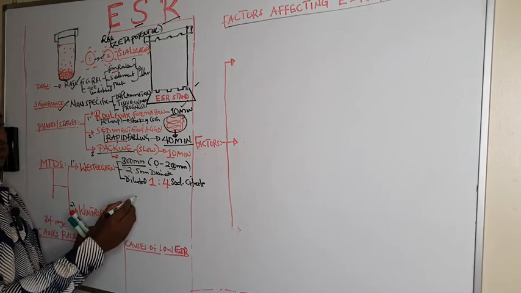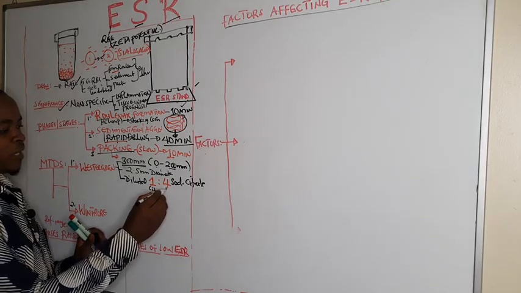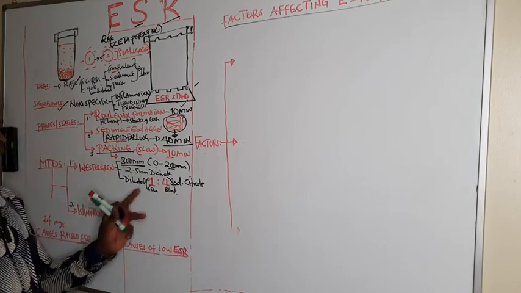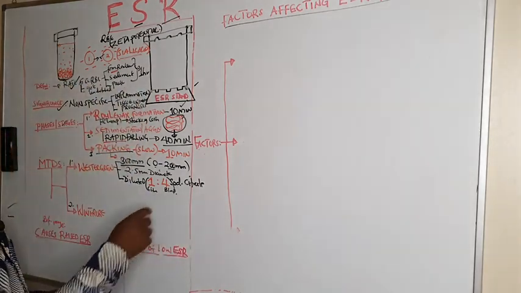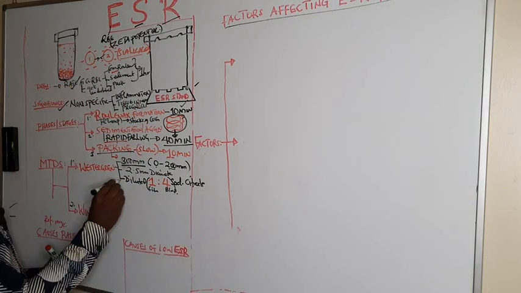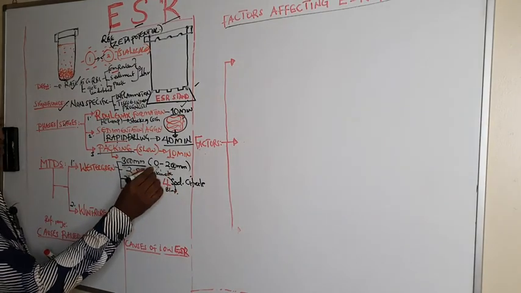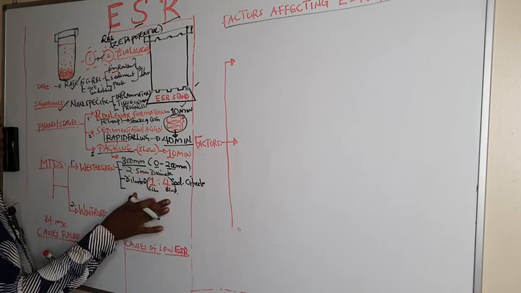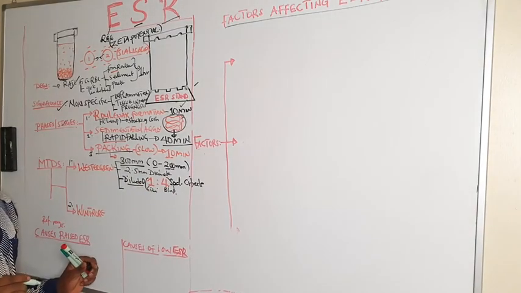It means 1 part of the citrate with 4 parts of blood. Before filling the tube, this is how you dilute it: 1 part of the anticoagulant with 4 parts of the blood. So this tube is calibrated from 0 to 200 millimeters, and you dilute the blood 1:4 with sodium citrate.